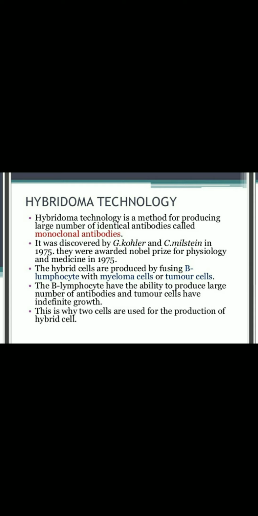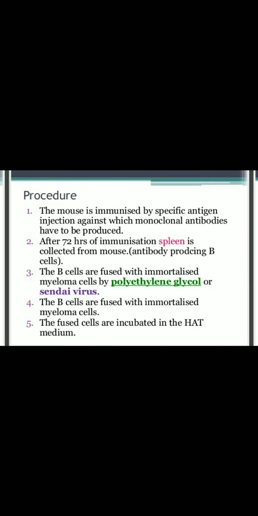So both cells have different activities. The B cell produces antibodies and the myeloma cell provides indefinite growth. This is why the two cells are fused for the production of the hybrid cell. Due to their different activities, they are fused and we get the material we need.